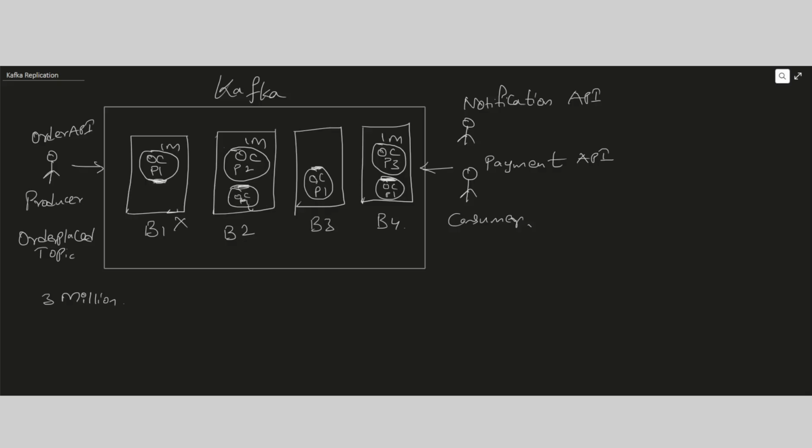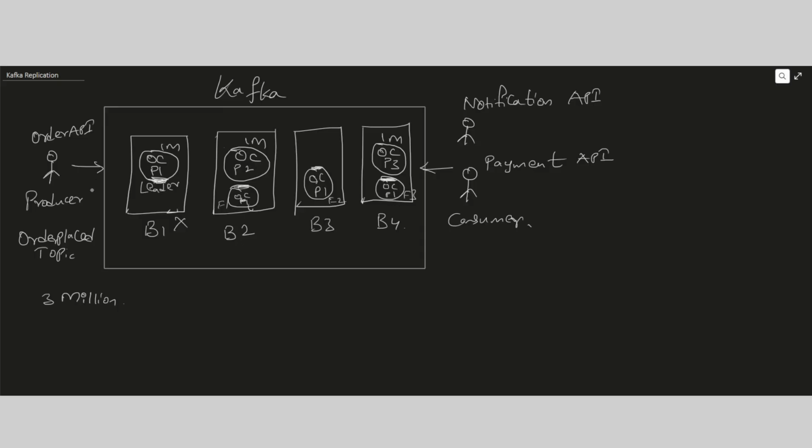Let's consider this is the main machine for partition 1. In Kafka we call this the leader, and the others are called followers: follower 1, follower 2 and follower 3. So B1 is the leader broker for partition 1, and B2, B3 and B4 are the follower brokers for partition 1.